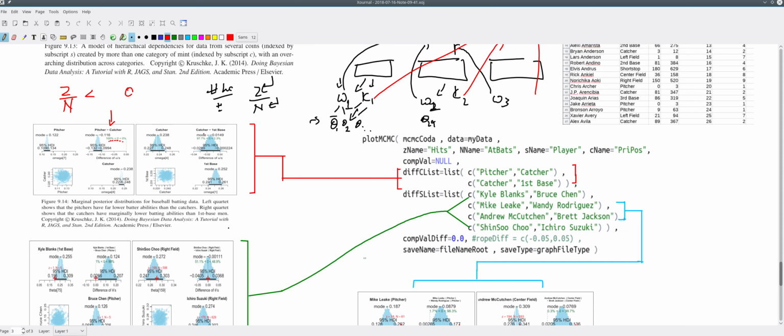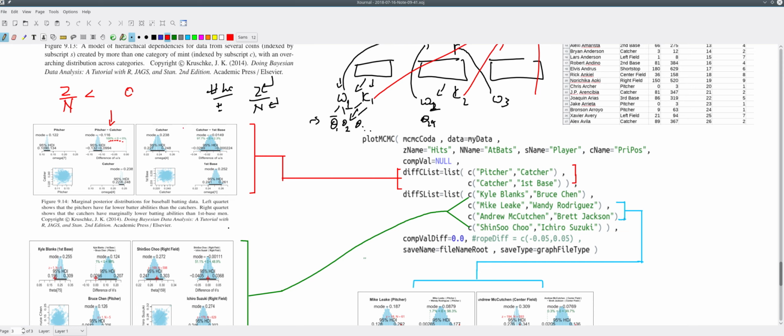Similarly, if we look at catcher minus first base, catcher seems to be performing better than first base also. Well, actually, catcher seems to perform worse than first base. First base has a higher value. And we can look at the HDI intervals over here also, and nowhere do we see the value 0 falling in the 95% highest density interval.